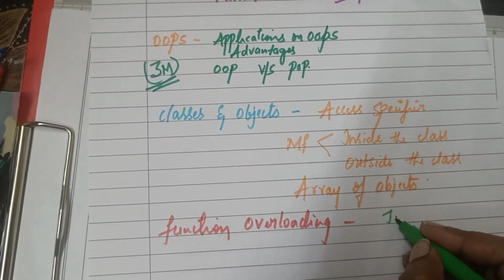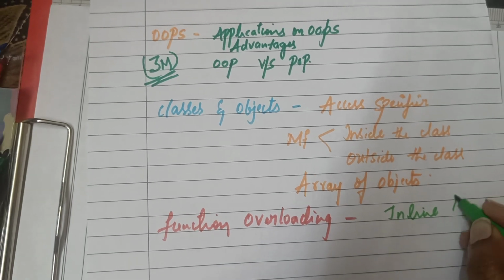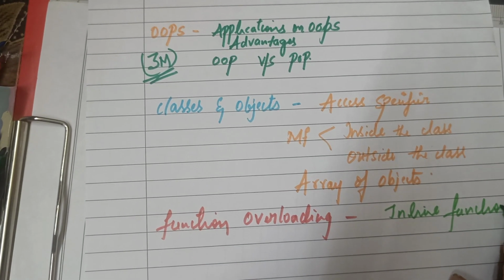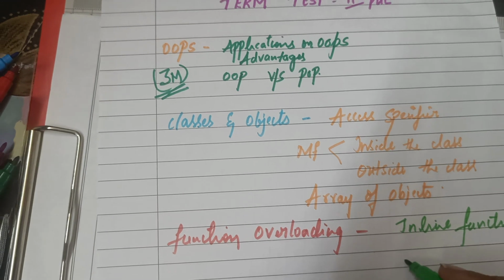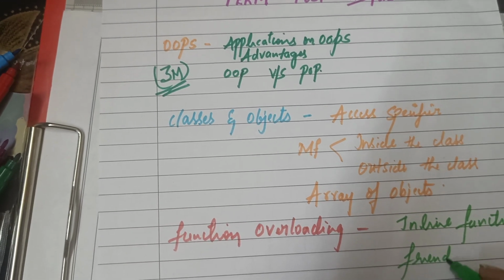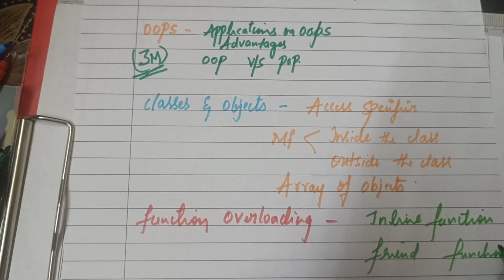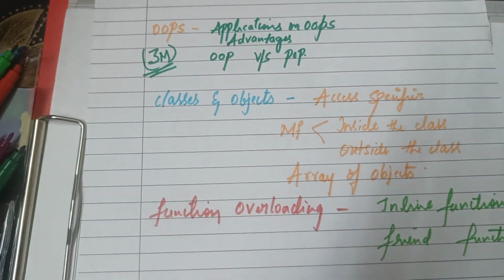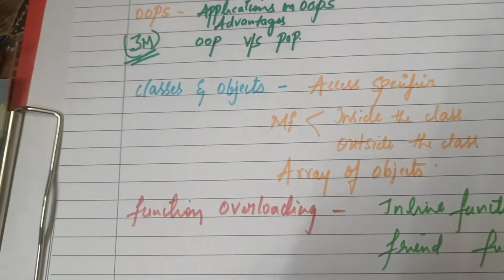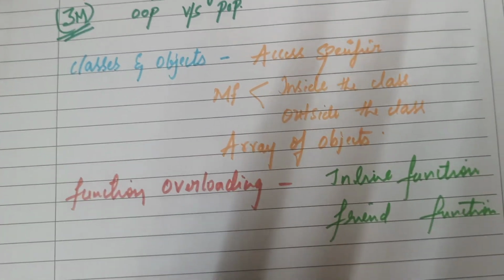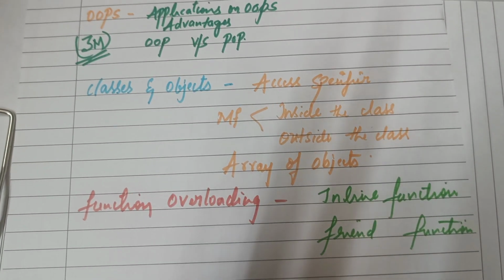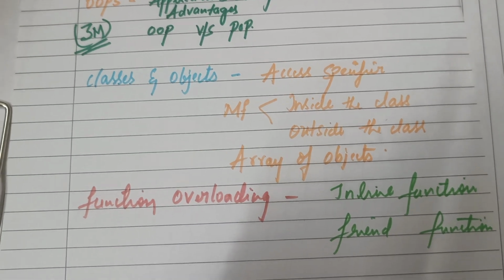One is the inline function, and another is the friend function. See students, these are very important questions for 5 marks. If you are attempting a midterm, a small test or an annual exam, these two are the most expected questions, that too in Part D.